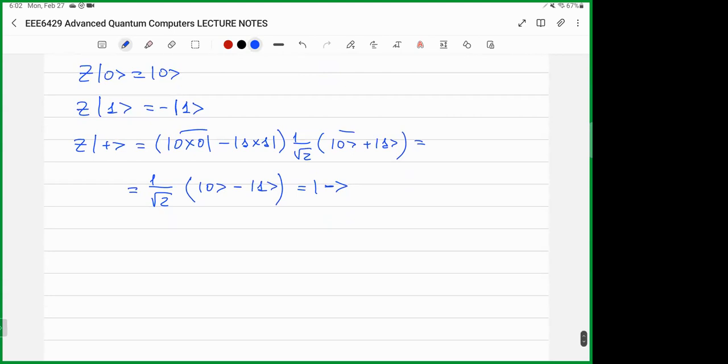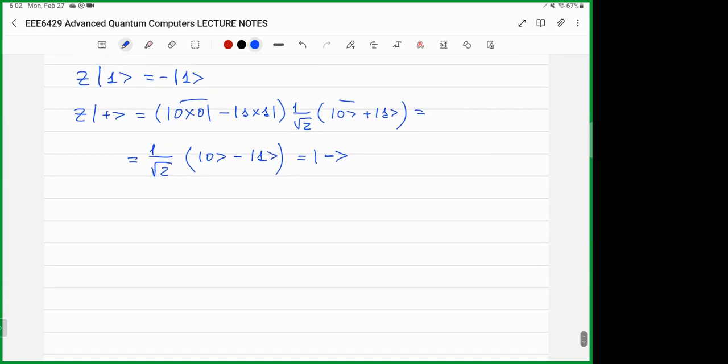So the Z gate flips plus and minus. Again, since this gate is Hermitian, I conclude that after application of Z on the state minus, I will get the initial state plus.